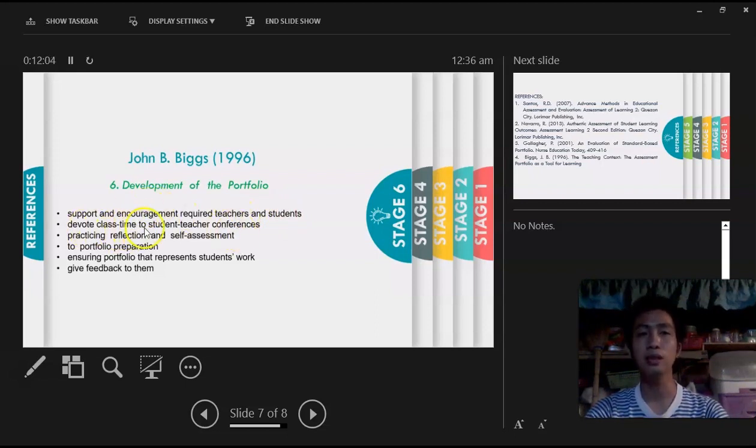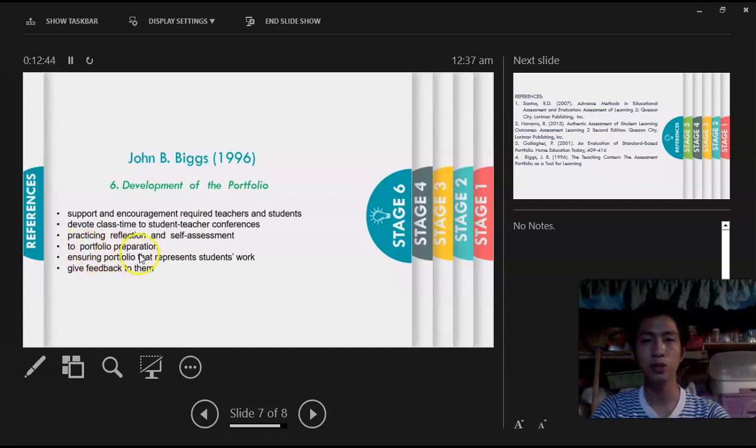Then, devote class time to student-teacher conferences, as I said earlier, with the teacher practicing reflection and self-assessment and portfolio preparation. You have to practice self-reflection and self-assessment, which leads us to stress the importance of reflection and self-assessment while preparing the portfolio.